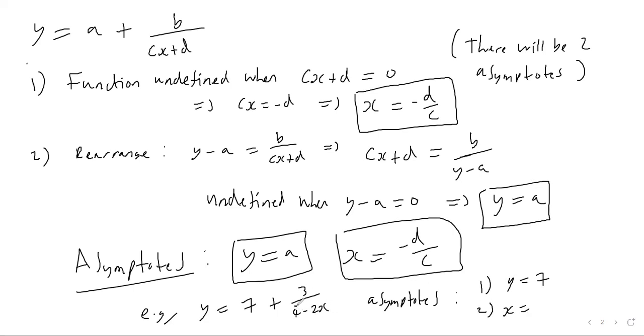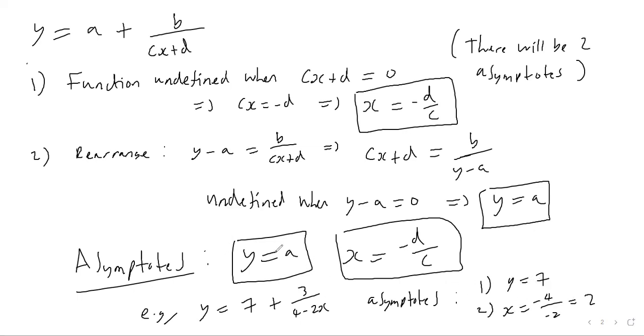Our d in this case is the number 4, the constant corresponding to the d there, so it's going to be minus 4 over the c value. The c value corresponds to the minus 2 coefficient, so it's minus 2. Minus 4 over minus 2 is just the number 2. So we get two asymptotes: x equals 2 and y equals 7.